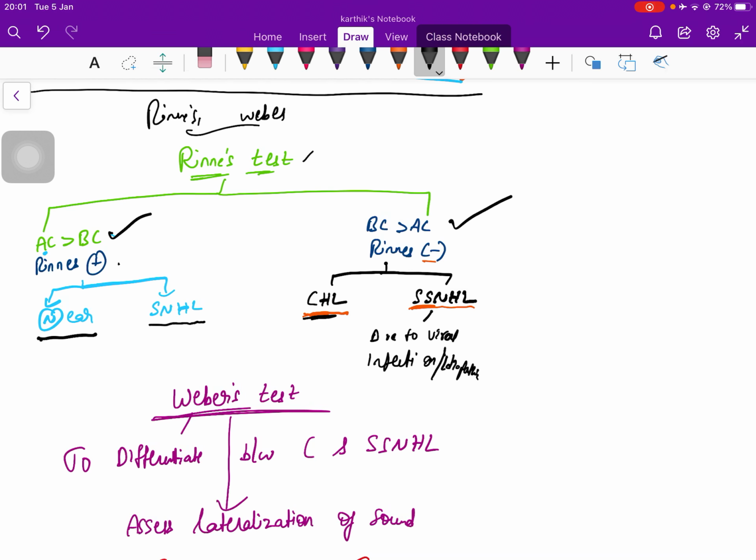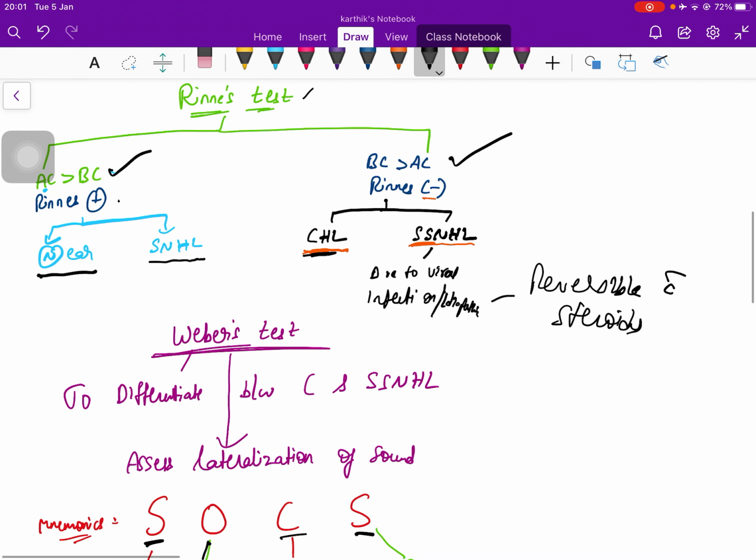If it is Rinne's negative, it can be because of conductive hearing loss. It can be severe sensory neural hearing loss. This severe sensory neural hearing loss can be because of viral infection or idiopathic, and it is reversible with steroids.